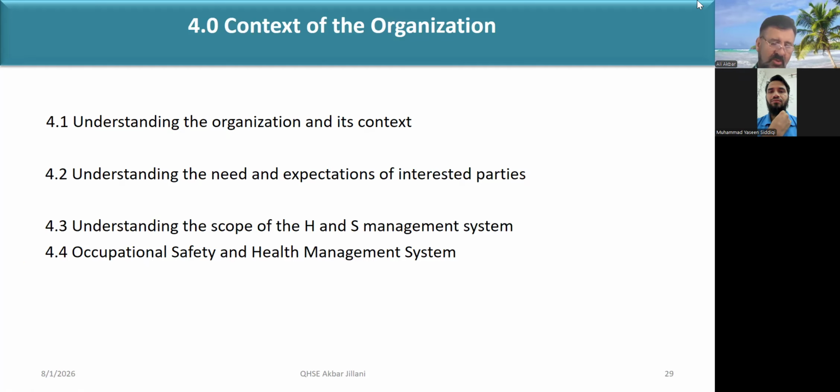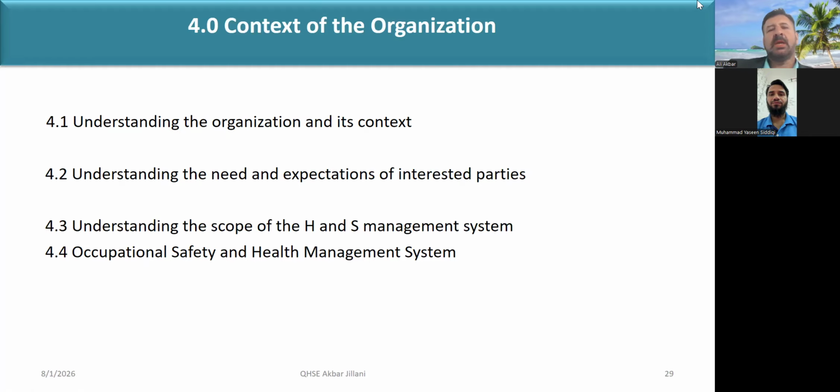So now we start the class on context of the organization. Before this, in all ISO standards, this context of the organization was not there. We have had this context of the organization since 2008.